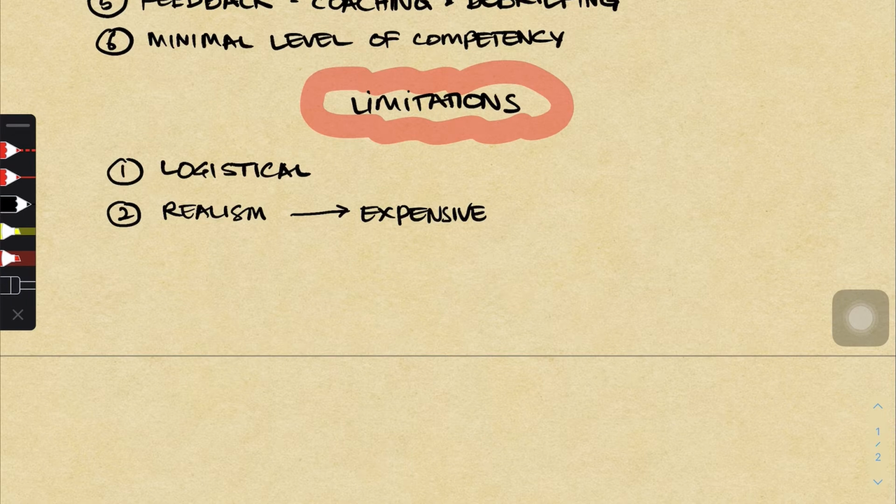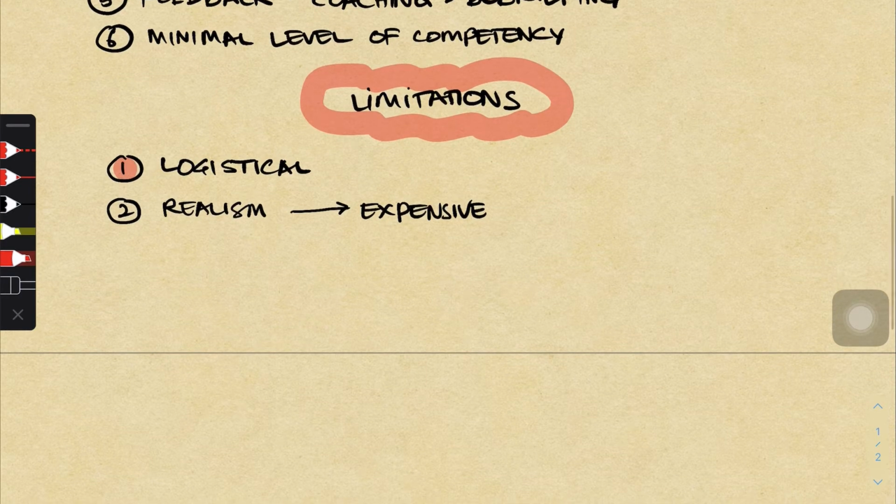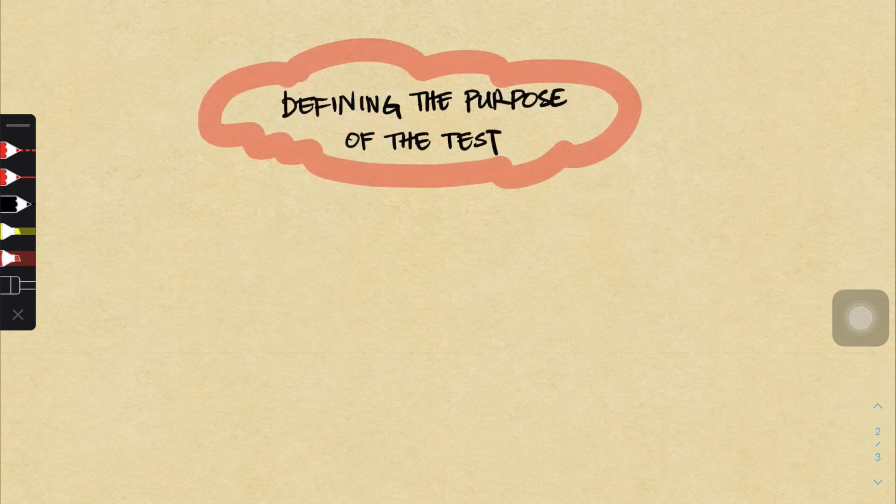And I think these two are the most significant limitations of performance assessments: logistical demands, as well as the expense issue.